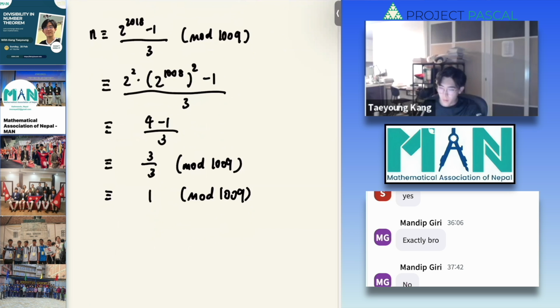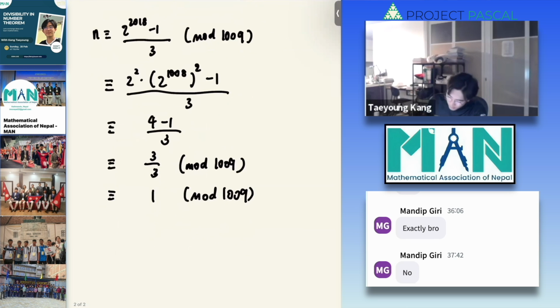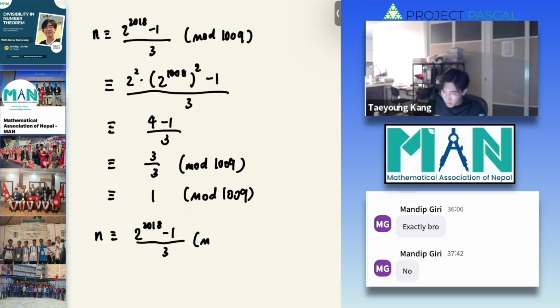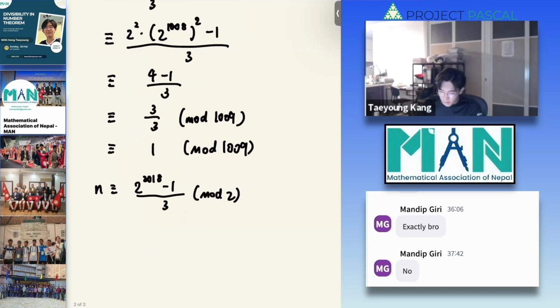What about mod 2? N is congruent to (2 to the power of 2018 minus 1) divided by 3 mod 2. What do we notice? The top here is an odd number, right? And the bottom here is also an odd number.